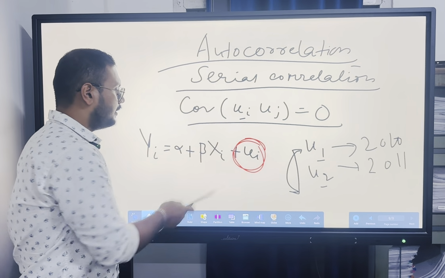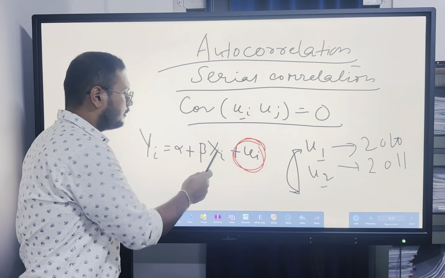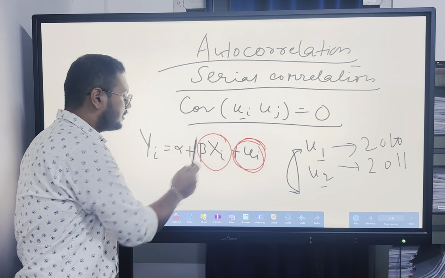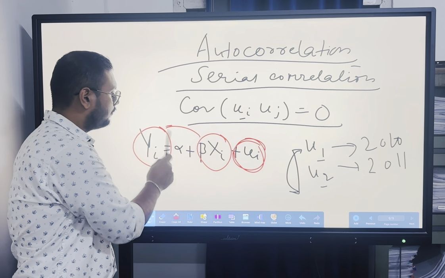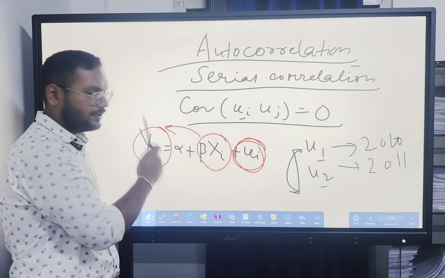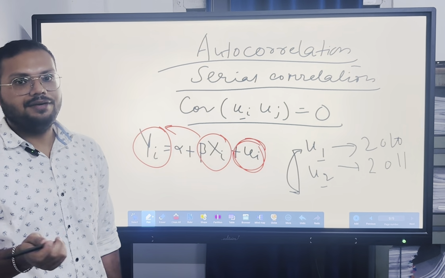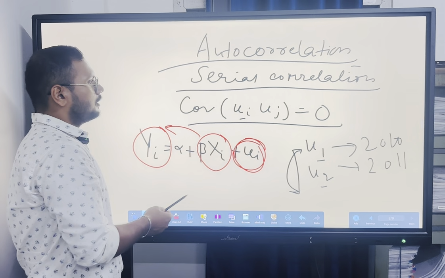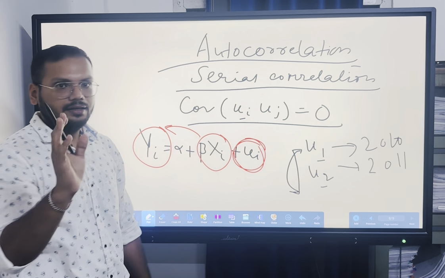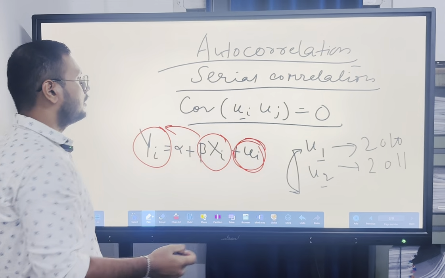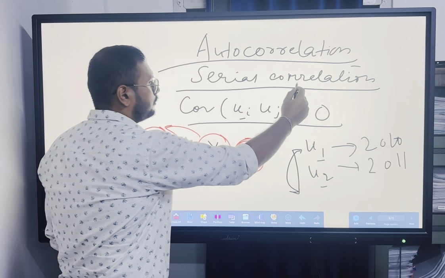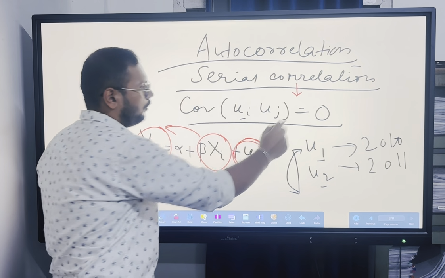Only then can we properly estimate the effect of this variable on this variable. So these are various assumptions which are being violated. Okay. One thing I have to correct here is that serial correlation will occur when this will occur.